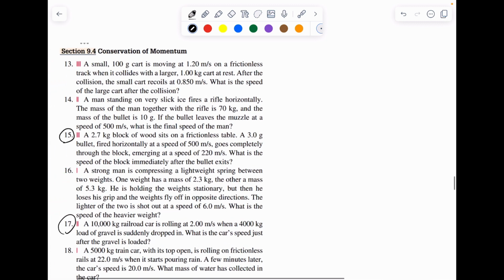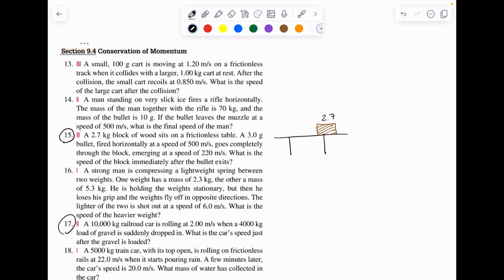We'll see. A 2.7 kilogram block of wood sits on a frictionless table. Got a block of wood right there. Oh, and I need to label the mass, 2.7.